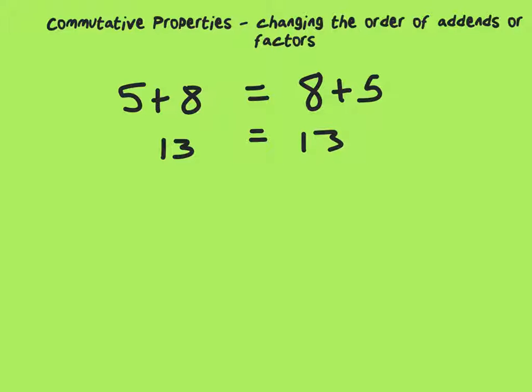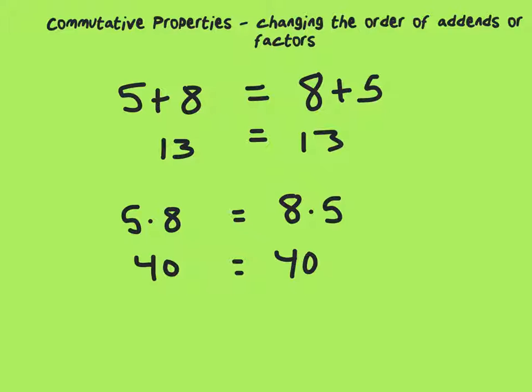The same can go for multiplication as well. Let's say you have 5 times 8, and you can use the commutative property to switch those around to move the order and get 8 times 5. Are they still the same? Are they still equivalent? 5 times 8 is 40, and 8 times 5 is also 40.